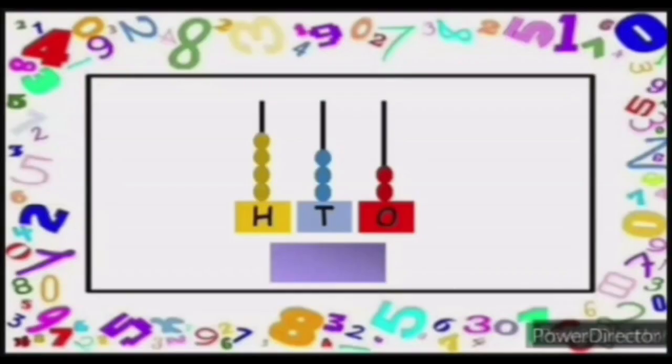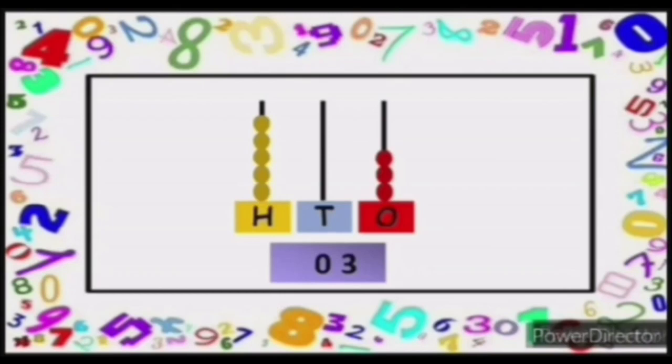Now, look at another example. See the ones spike. How many beads do you see? Yes, there are 3 beads. So, write 3. Now, tell me how many beads do you see in the tens spike? Yes, no beads. So, when there is no bead, we write 0.